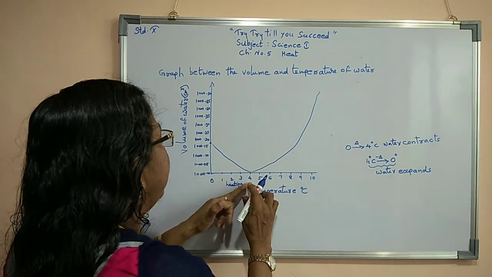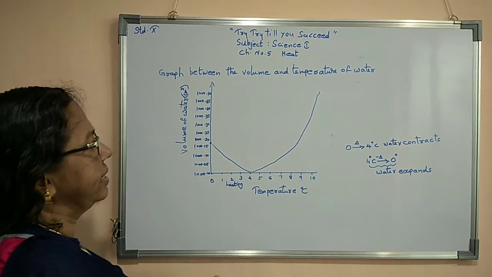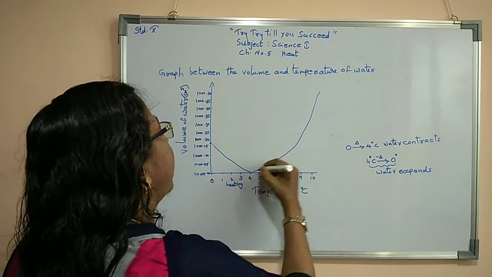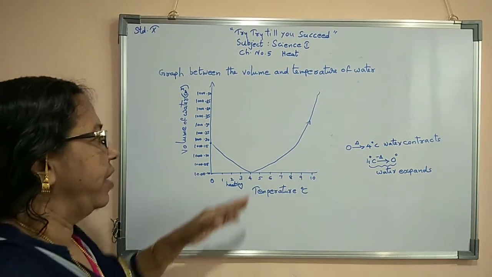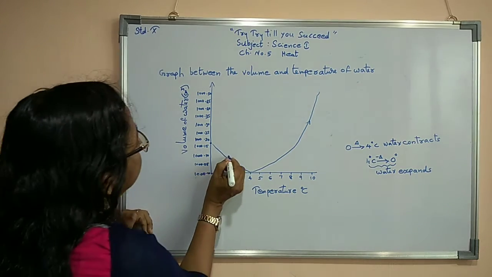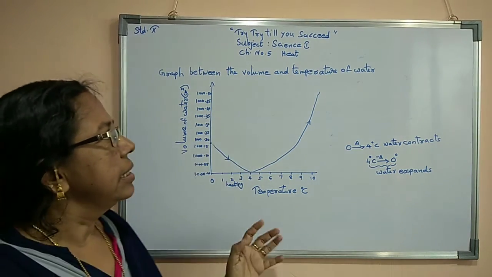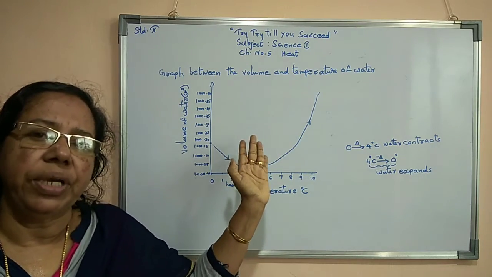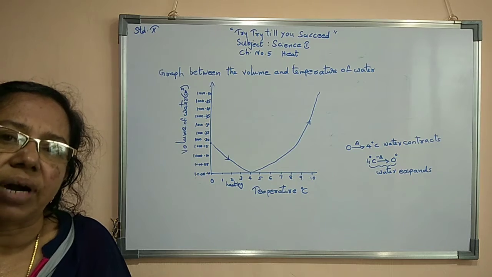But once we start to heat from 4 degree Celsius to 100 degree Celsius, water starts to expand. This is showing the expansion form, this is showing the contraction form. So this is the graph showing the volume as well as temperature of water.